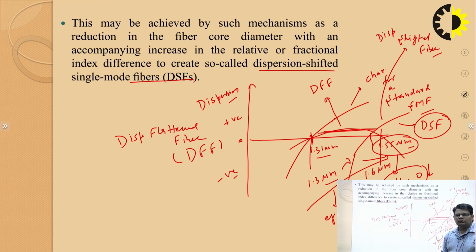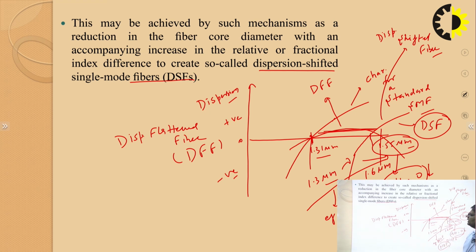Okay. So in conclusion, we can see that the dispersion characteristics of a standard single mode fiber can be shifted from one point to another point. We can get a flat dispersion response in a given range of wavelengths, or we can also shift this dispersion characteristics to a positive value or a negative value.